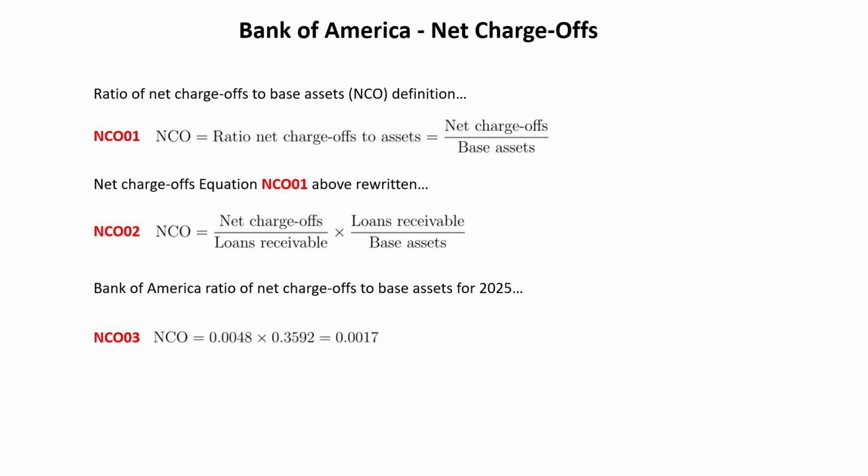Just like in the previous slides, we work from NCO01 all the way through to the last equation, NCO03, and then we take the values of the model parameters from the previous slide, plug them into the equation, and we get a net charge-off ratio of 0.0017, or approximately 0.17%.